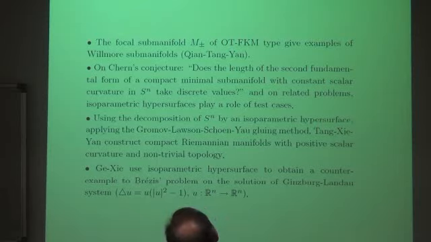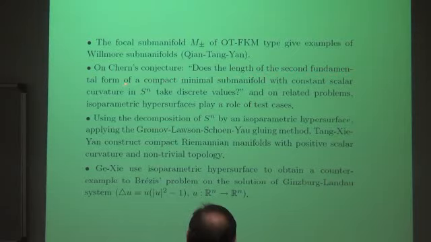And also, you know, the Chern conjecture. There are many versions of the Chern conjecture, but one version is that the length of the second fundamental form of a compact minimal submanifold with constant scalar curvature in the sphere takes discrete values. This is Chern's problem.